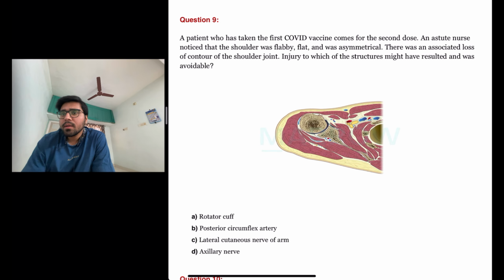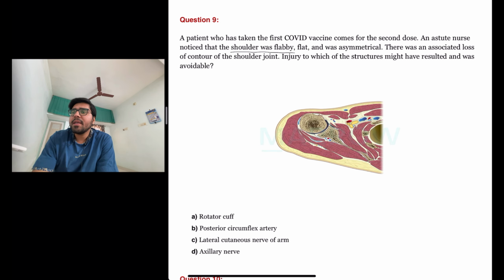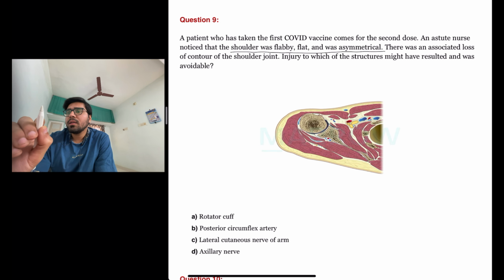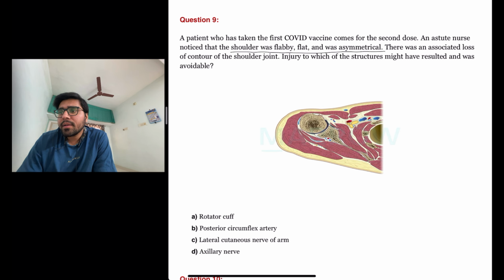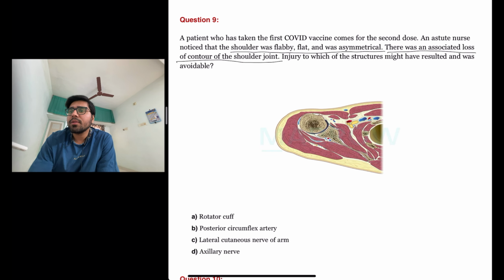So the shoulder was flabby, flat, and asymmetrical, and there was an associated loss of the contour of the shoulder joint.